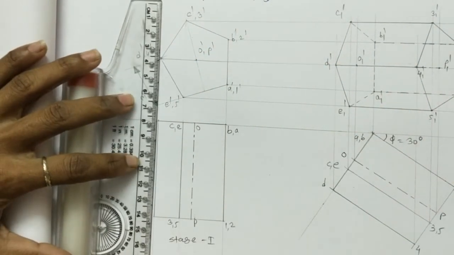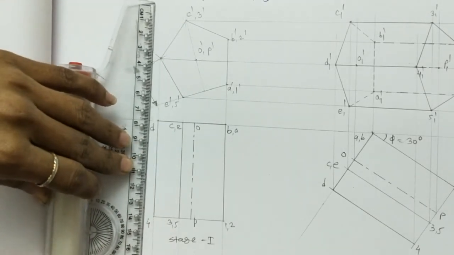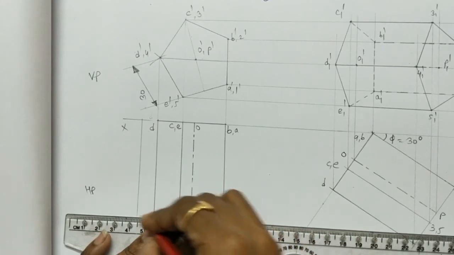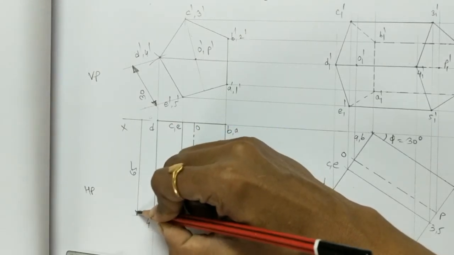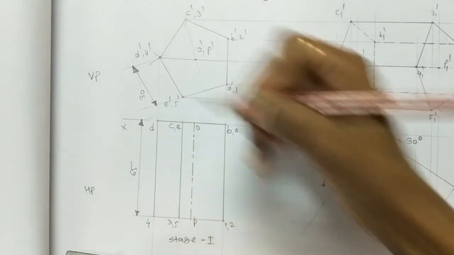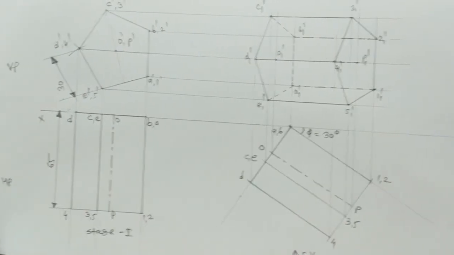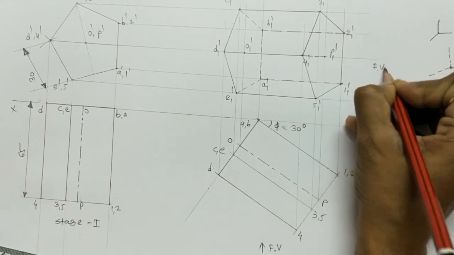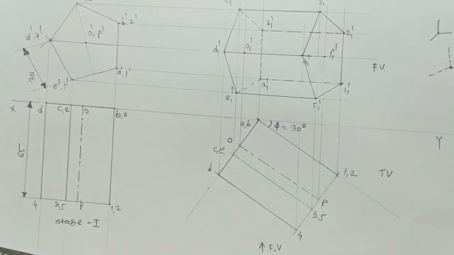Then this is 65. So show here 65. Then here front view and this is top view. Thank you.